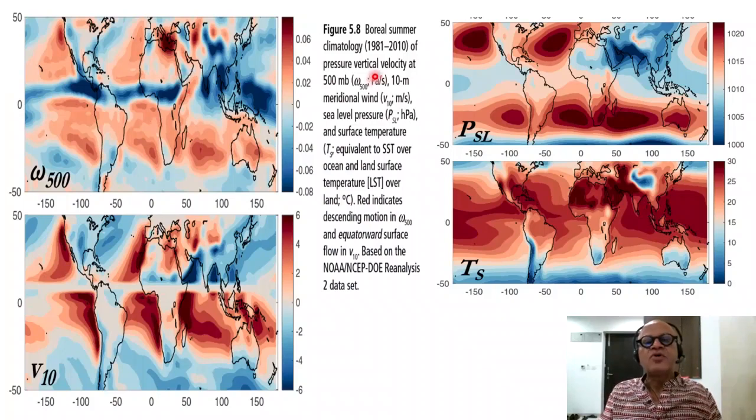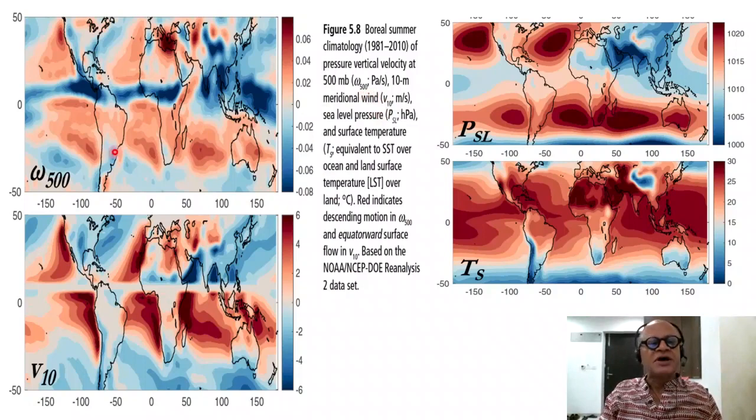Okay, so this is the boreal summer climatology over 1981 to 2010 of pressure vertical velocity at 500 millibar, which is kind of the middle of the troposphere for a convective region and is a good indicator of large-scale atmospheric flow. Just take it from me.